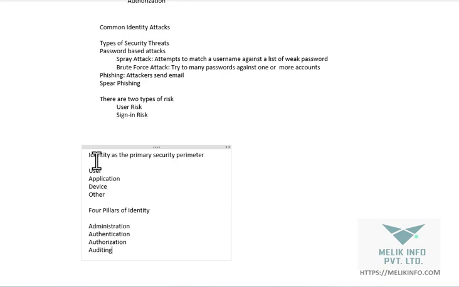Authorization, which is the third pillar of identity, is related to access rights. What can you do after you have successfully authenticated? So it determines the access level.